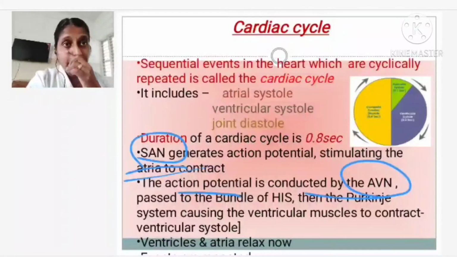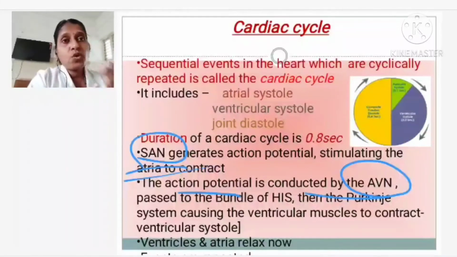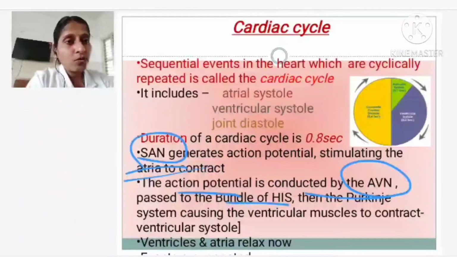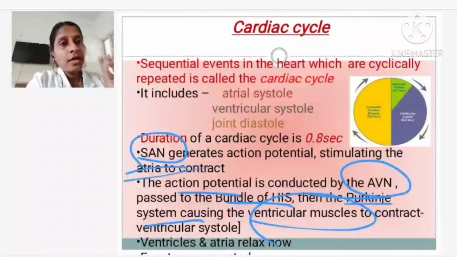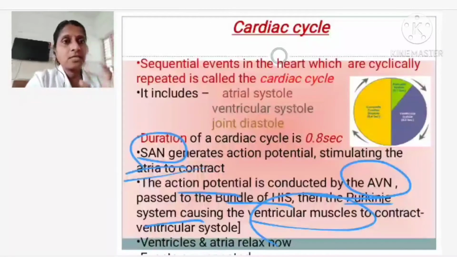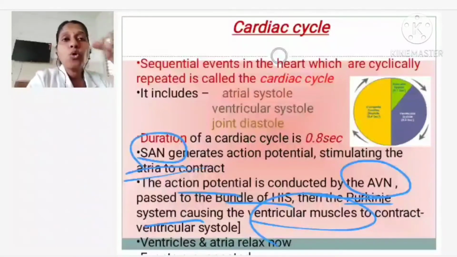It is conducted to the AV node. AV node is what? Auriculoventricular node. And that is passed through the bundle of His to the Purkinje system, which will help in the contraction of the ventricles, right?